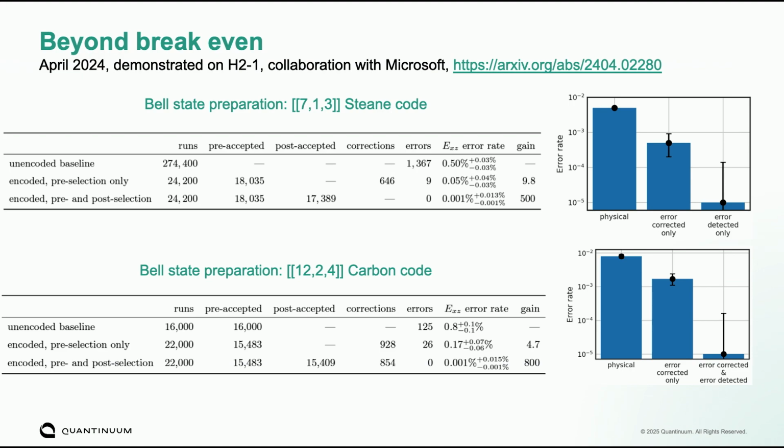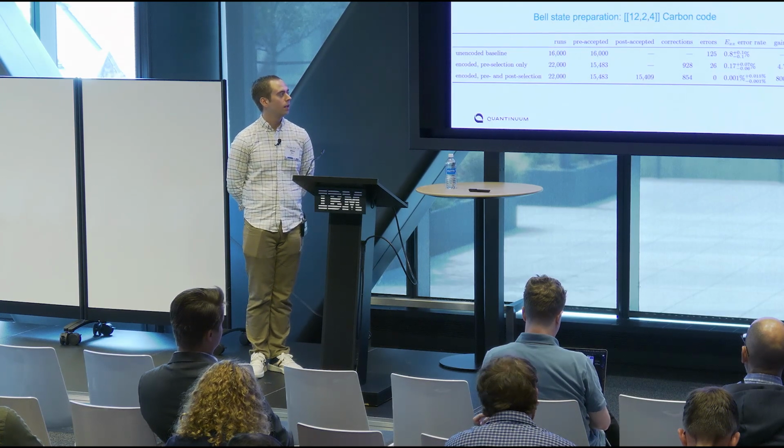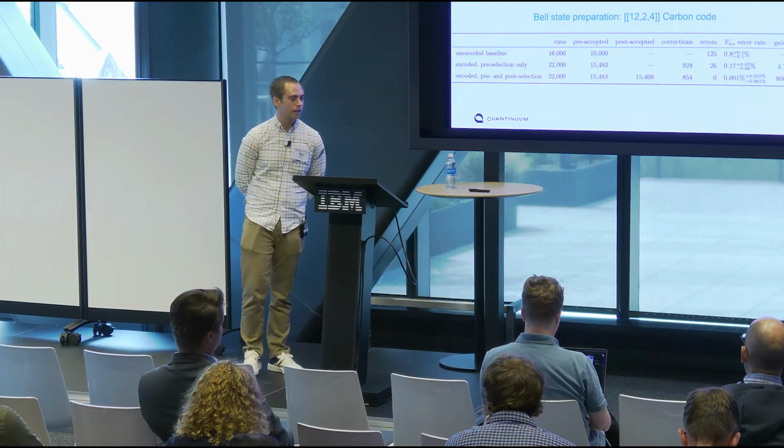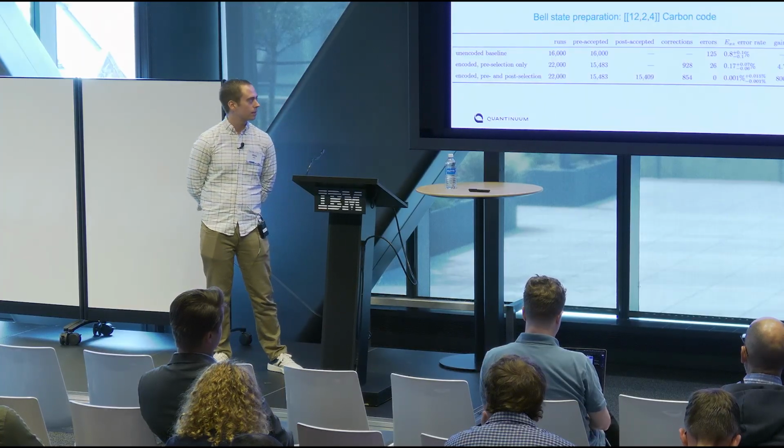And then for the 12-2-4 Carbon code, again, doing error correction only improved the error rate from the physical. And then since it's distance 4, you can correct one error and detect a second error. And so the label there is error corrected and detected rather than just detected.